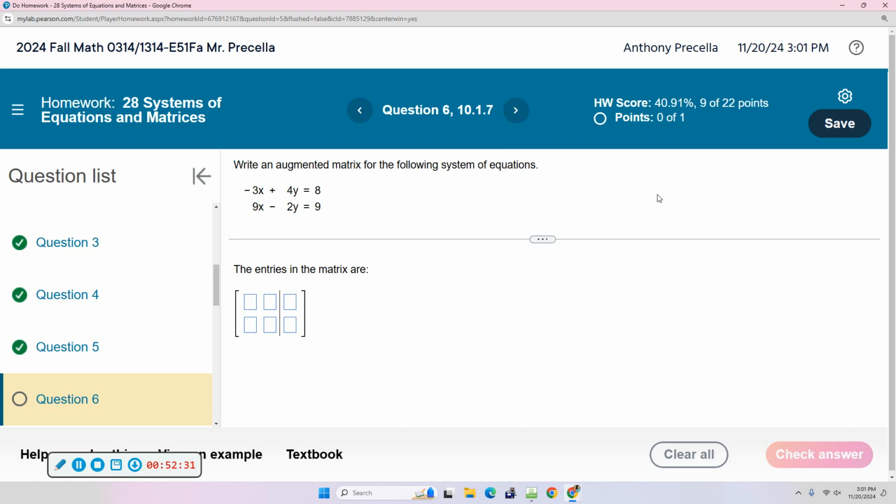Negative 3x plus 4y is equal to 8, and 9x minus 2y is equal to 9. Augmented matrix. Okay, switch to my paper. I wanted to mention this vertical bar.